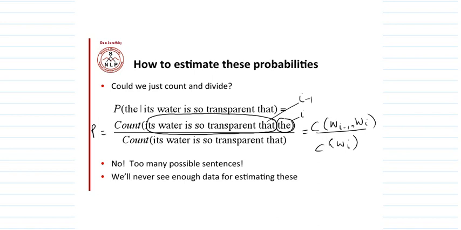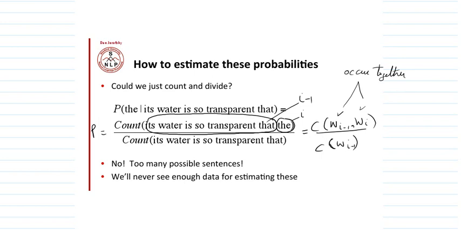Count means how many times the word wi minus 1 and wi occur together, that is the count of both collectively, divided by the count of how many times the word I minus 1 occurs. So in this way we calculate the probability, okay?